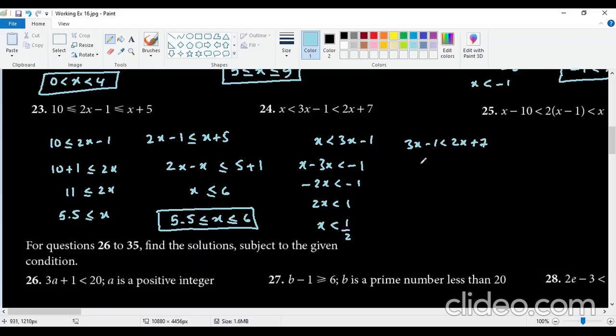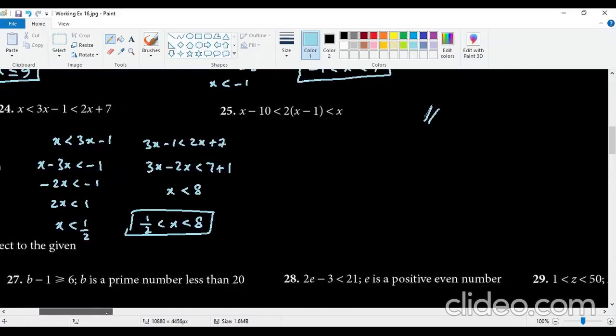When it comes to the second part of the question, 3x minus 2x less than or equal to 7 plus 1. So 3 minus 2 is a 1, and less than or equal to 8. So how will you write the answer? You will write 1 over 2 is less than or equal to x, and x is less than or equal to 8. This is going to be your final answer.